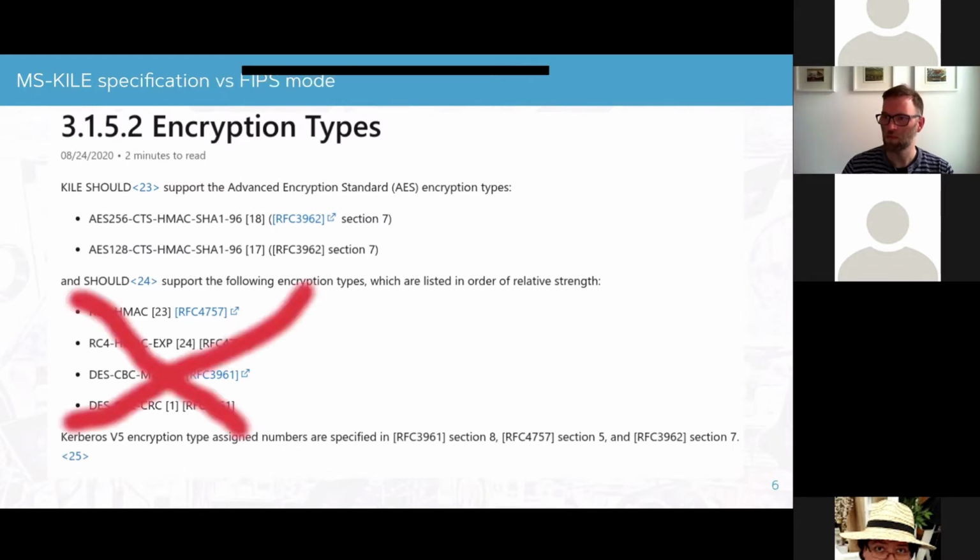So we really cannot use RC4, and that presents quite a problem to the set of protocols that Samba implements, because RC4 is at the core of many functional calls that are made by Active Directory and by Samba.